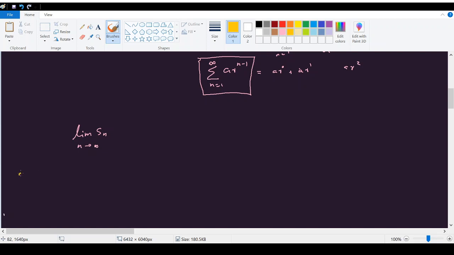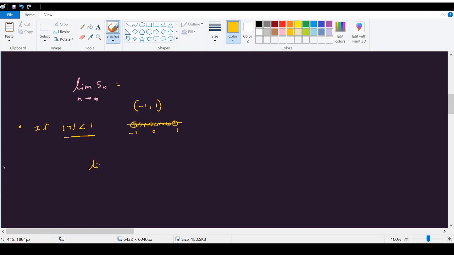We can prove that if the modulus of r is less than 1, that means if r is between negative 1 and 1, excluding the boundaries, with open brackets, then the limit of the partial sum is equal to a over 1 minus r.